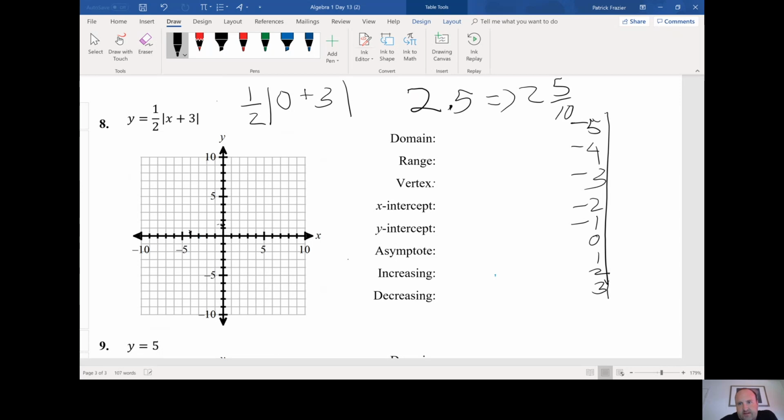And 1 and 5/10, well, 5 goes into 5 once, and 5 goes into 10 twice, is the same thing as 3 halves.